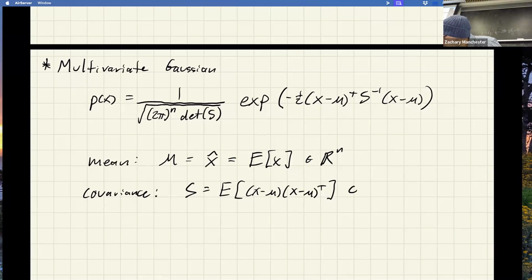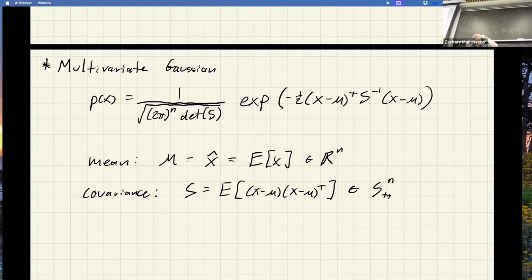And we say that this is a symmetric matrix, and in general it has to be positive semi-definite, but we're going to generally assume that it's strictly positive definite. Can anyone tell me when it's going to be semi-definite, not strictly positive definite? What does that correspond to? Well, no. This is in n dimensions.